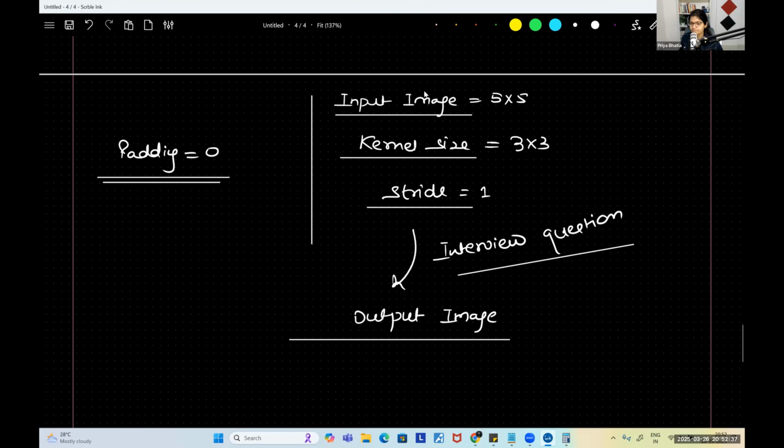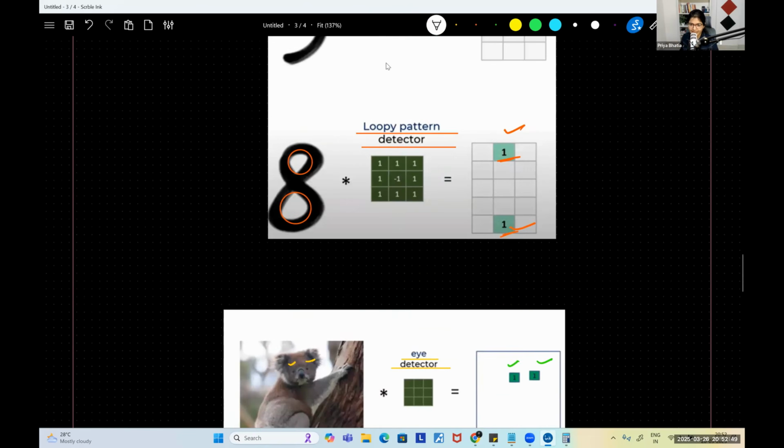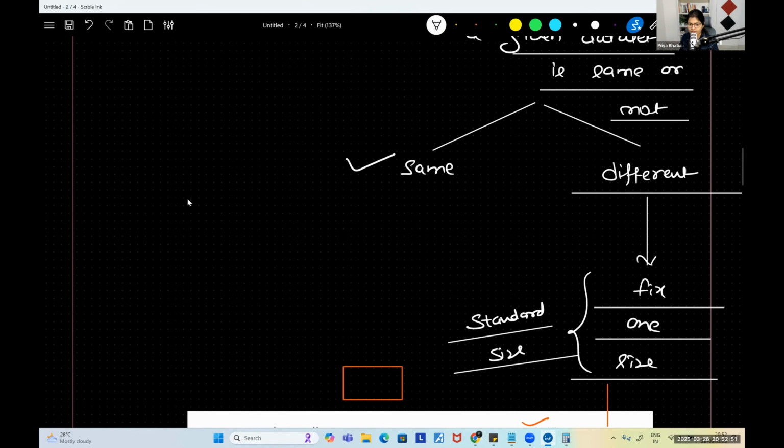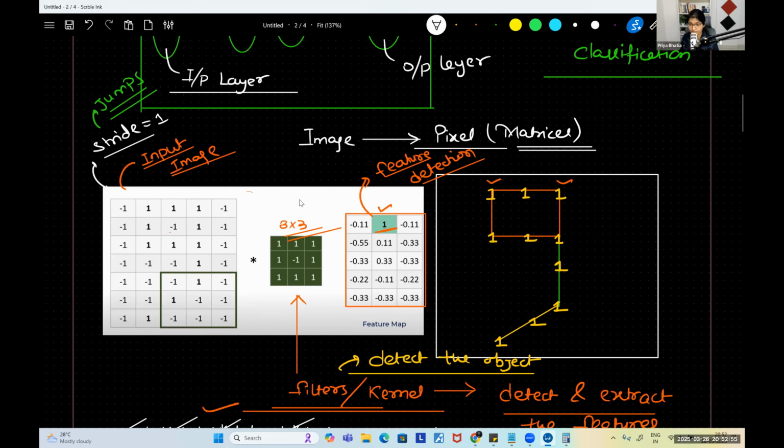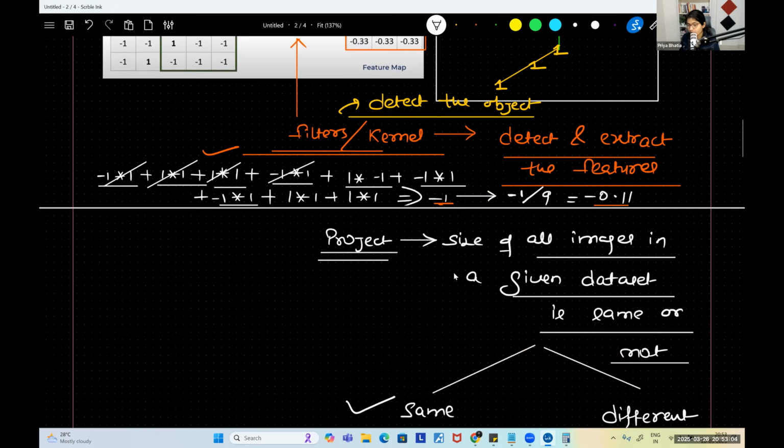What is the output size? How will we be able to get that? Now, one option could be to do it manually, just like the way we have done above. We will take a 5 cross 5 image and a 3 cross 3 kernel, do each and every calculation manually, and then check what output we are getting and what its dimensions are.